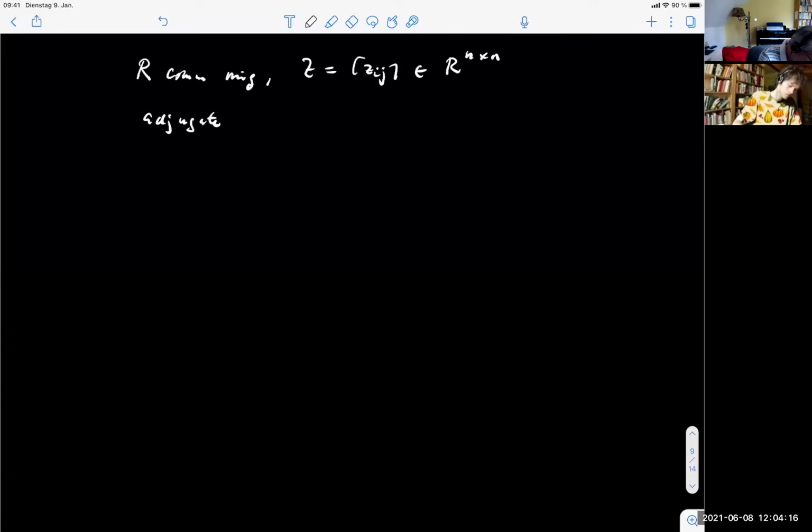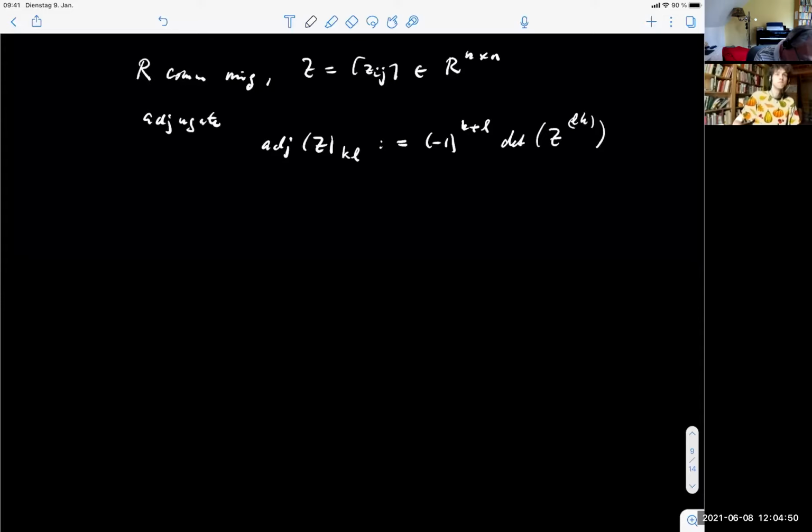So the adjugate, what's that? Let me recall the definition. This is an n by n matrix, and the entry at the position KL is defined as follows. You have some sign, and then I take the determinant of the submatrix, which I denoted C_LK.